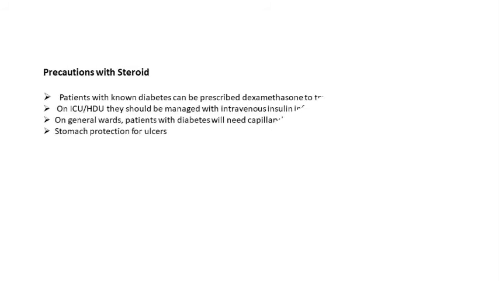And also, we should be careful about prescribing steroids in people who are known to have peptic ulcer disease, to avoid activation of the ulcer and hematemesis. But in general, the advice now is against the use of steroids routinely in patients with COVID-19.